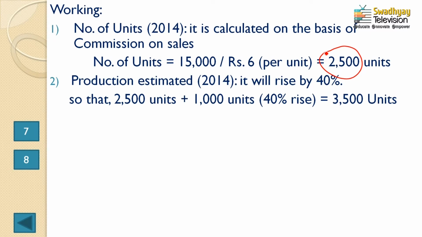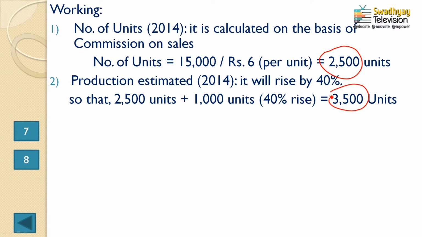The production estimated for 2014 will rise by 40%. So 2,500 units manufactured in 2013, increased by 40%, that is 1,000 units more. In that way, the total number of units manufactured in the year 2014 is 3,500 units.